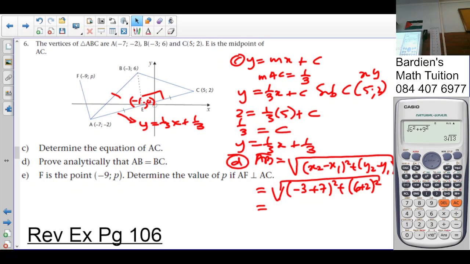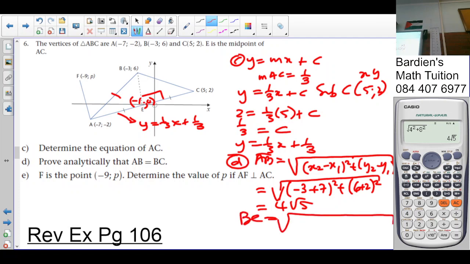Is 10 correct? Actually 4 squared plus 8 squared is the root of that, 4 root 5. Is that correct? Yes, 4 root 5. And then we go with BC. Same formula, which is the distance formula.